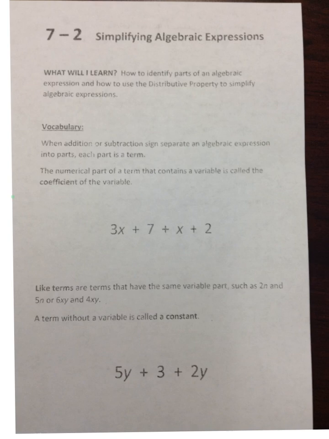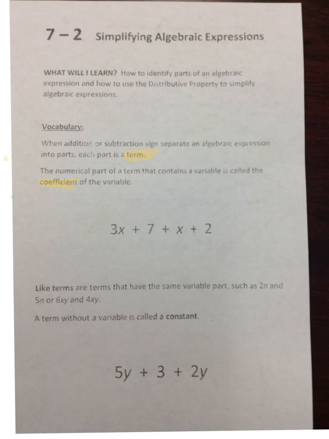When an addition or subtraction sign separates an algebraic expression into parts, each part is called a term. The numerical part of a term that contains a variable is called the coefficient of the variable.